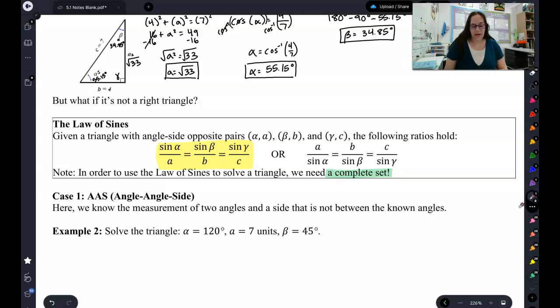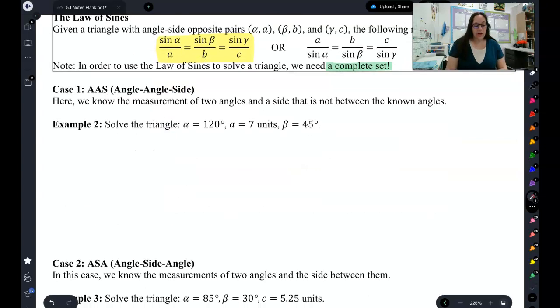By complete set, I mean you know both A and alpha, or you know both B and beta, or you know both C and gamma. If you have a complete set, use the law of sines. If you don't have a complete set, that's where we turn to the law of cosines, which we'll talk about next lesson.